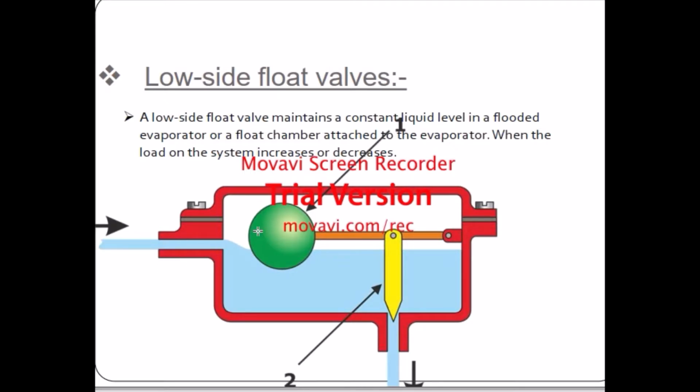So this valve will control the level of the surface; the float controls the surface of the liquid. If the float is lower, it means we will open the supplying, so it should increase the input into the valve system. Okay, this one is the low side float valve.